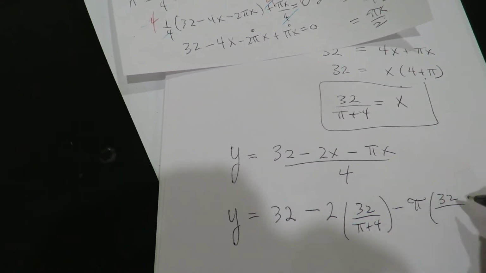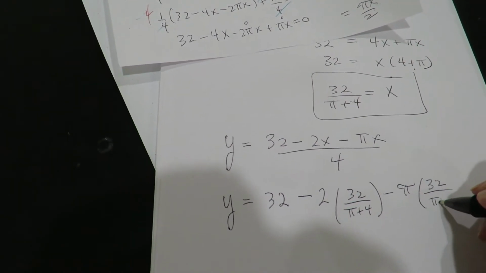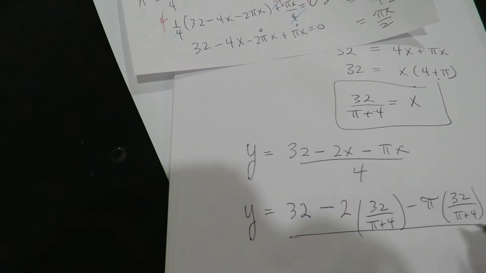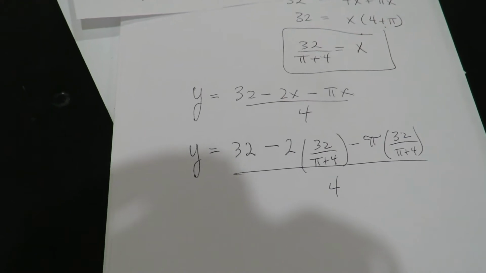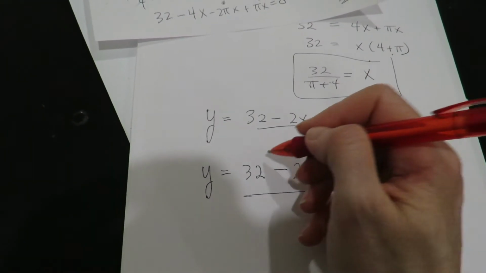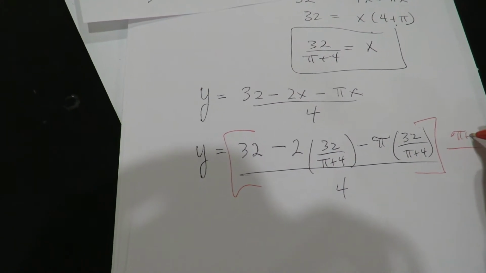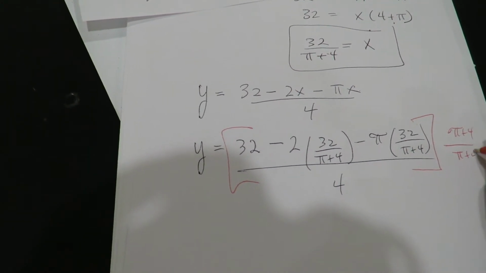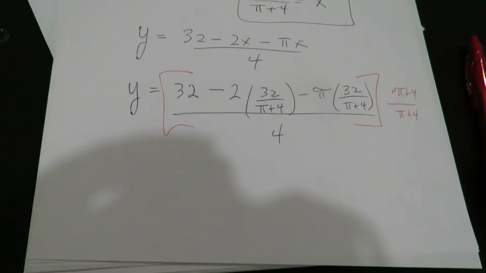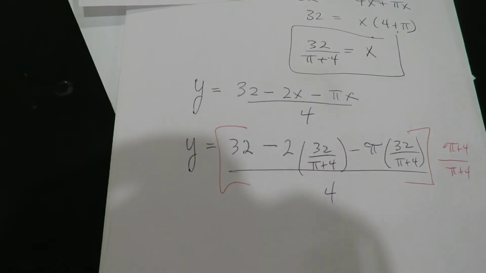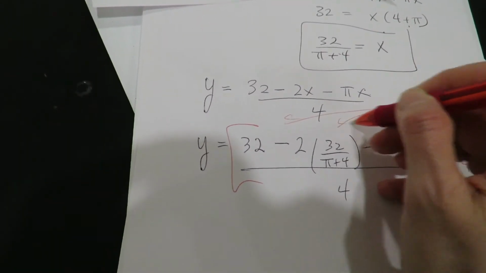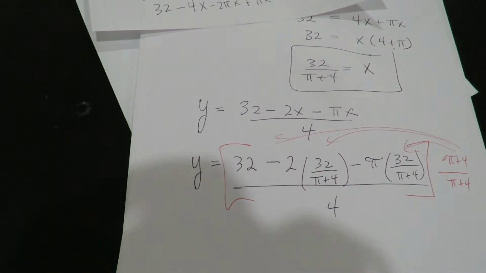For this x, you put that in again. Okay, so my suggestion to you at this point would be to multiply up and down by this pi over 4 just to collapse the complex fraction. So distribute that into each term so that the fraction collapses.